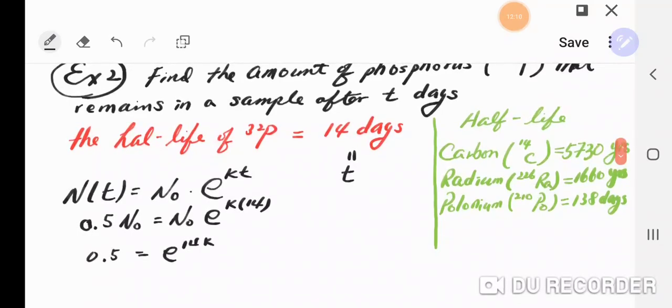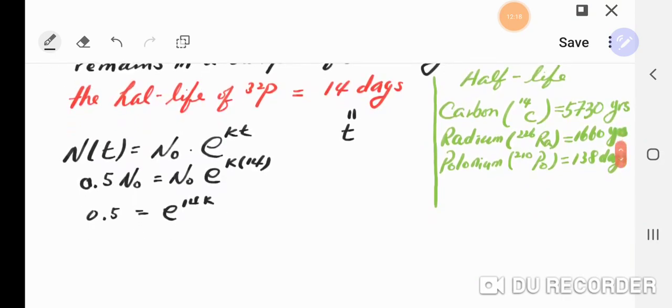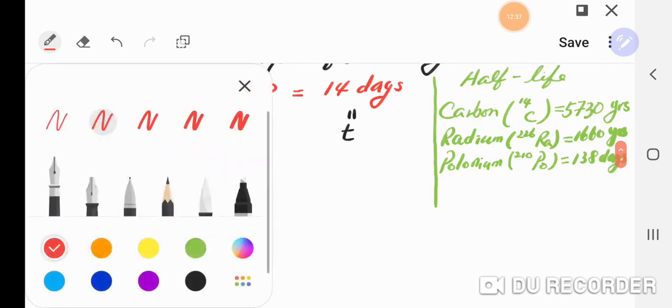So we just found that 0.5 is equal to e to the 14k. From this, let's find the value of k. We can take the natural logarithm because the base of the exponential form is e. Take the natural logarithm on both sides. Then we can take this exponent out.